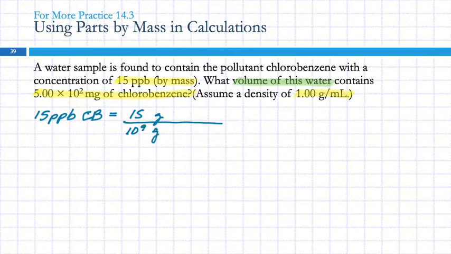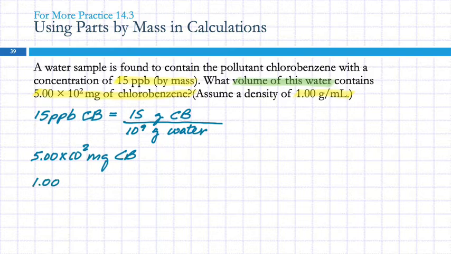Billion grams. So that's the chlorobenzene. And then I've got 5.00 times 10 to the 2 milligrams of chlorobenzene, and I've got the density 1.00 grams per milliliter, and that's the density of the water.